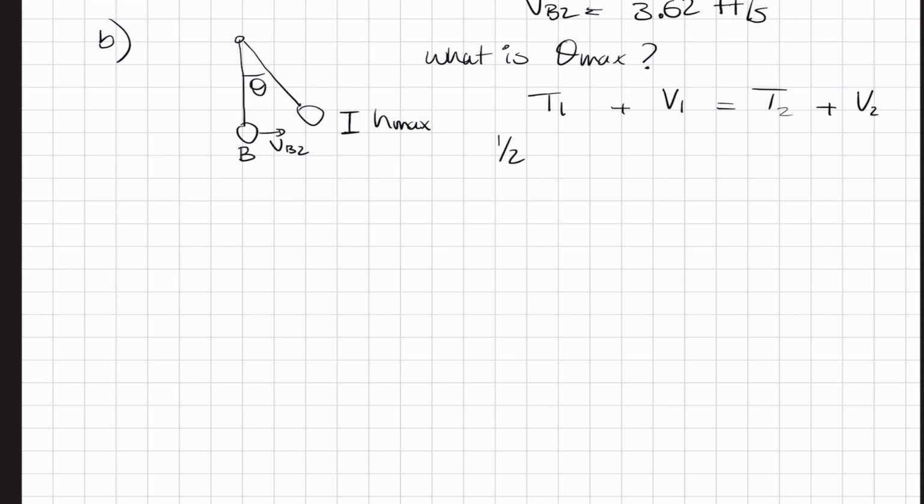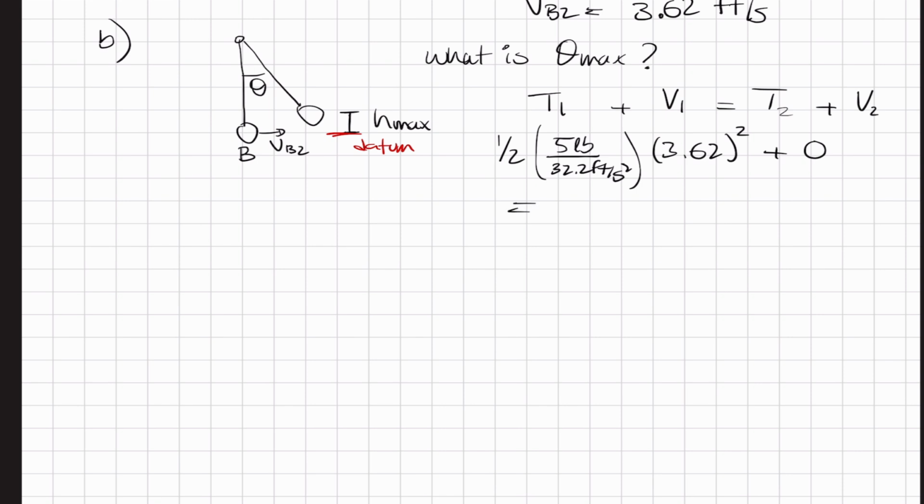So we have 1/2, mass is 5 pounds divided by 32.2 feet per second squared. V squared is 3.62, the value we just discovered. My datum is down here where my original position was, so then my V1 is equal to 0. So plus 0, and then we have equal.